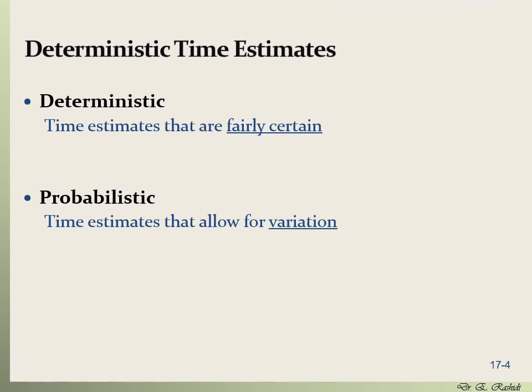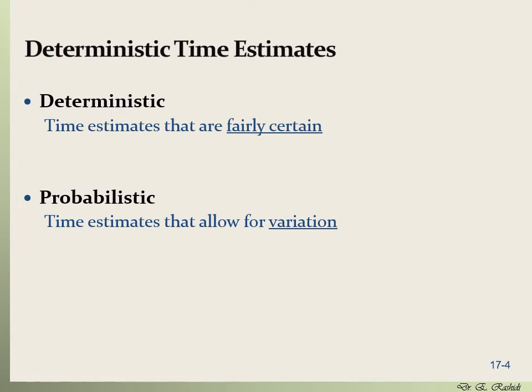When we want to manage a project, we usually come up with an estimation for the time that it would take for each activity in the project to be completed. Our time estimation can be deterministic or probabilistic. If we are fairly certain about the time estimation that we come up with for the activities in the project, then that is a deterministic time estimation.